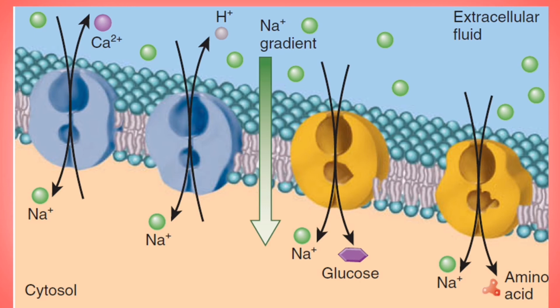That is, two different molecules bind with the carrier protein and then are transported. In this picture, calcium ion and sodium ion are simultaneously transported in the first part. That is, two different molecules are simultaneously transported.